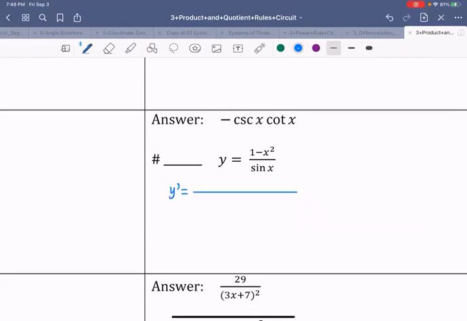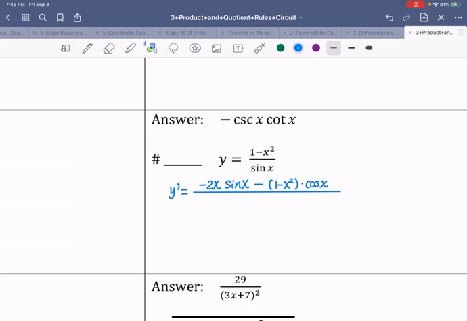Olivia, let's do this one. Okay, so it would be negative 2x times sine x minus 1 minus x squared times cosine x. I always put a parenthesis, okay? Yeah, because I don't want to mess up. Okay, very good. Continue, please.